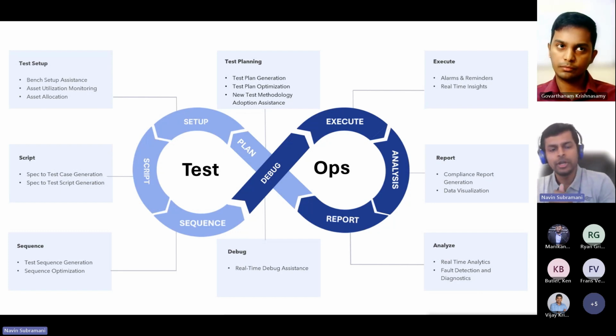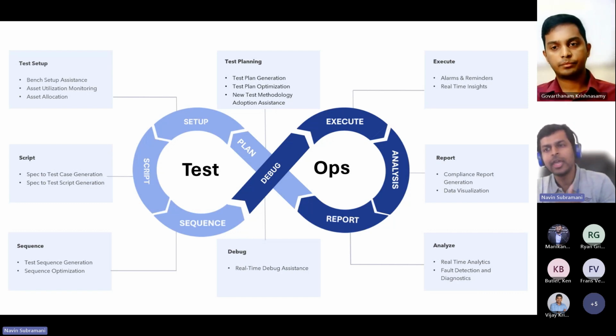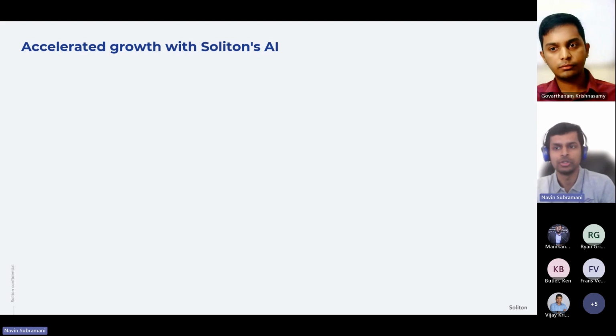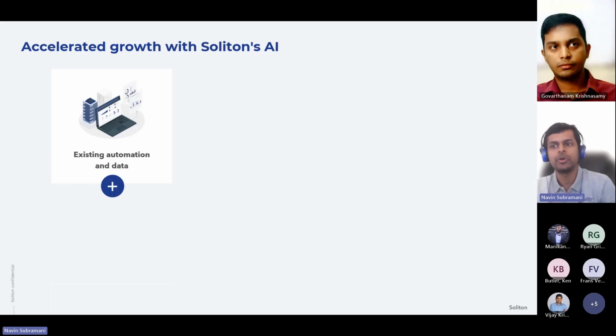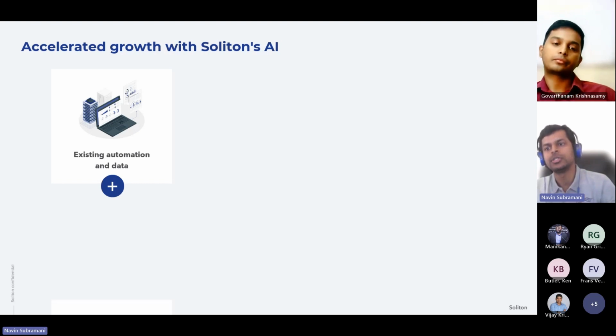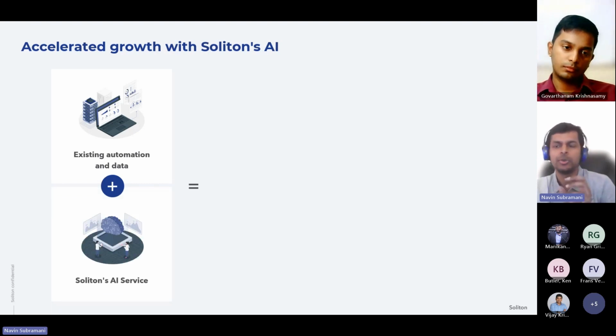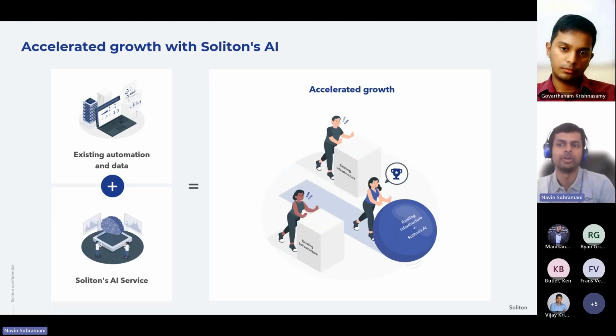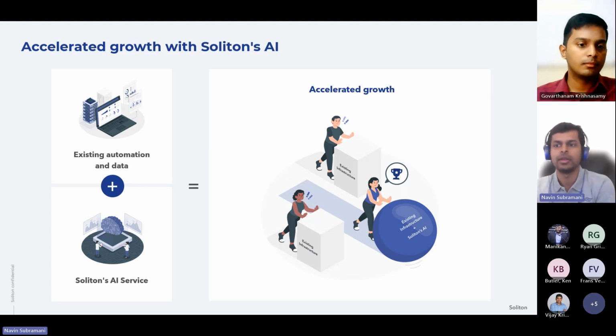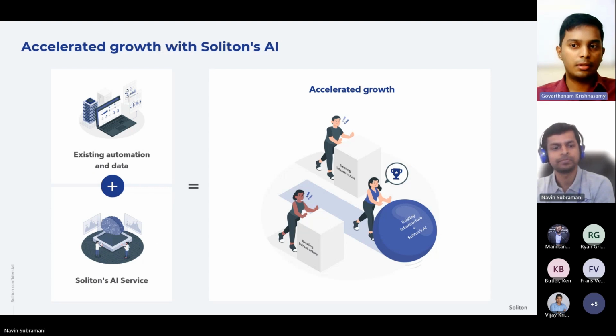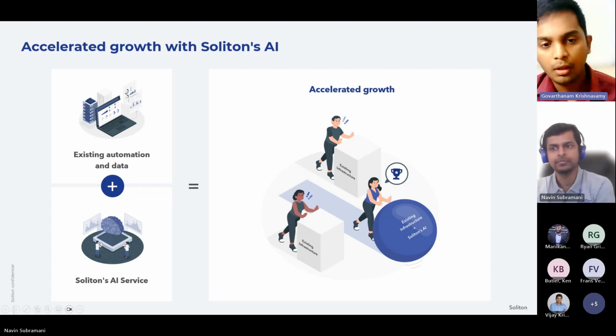We bring AI on top of them, to complement the existing automation solution. So the service that we provide is your customers' existing automation and data tools plus Soliton AI services. We enhance and accelerate your growth, and we do this in a non-intrusive way. Yeah. Sure, sure. Yeah, this is clear, Naveen.